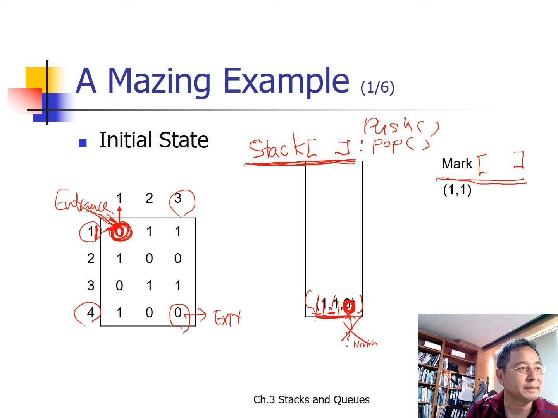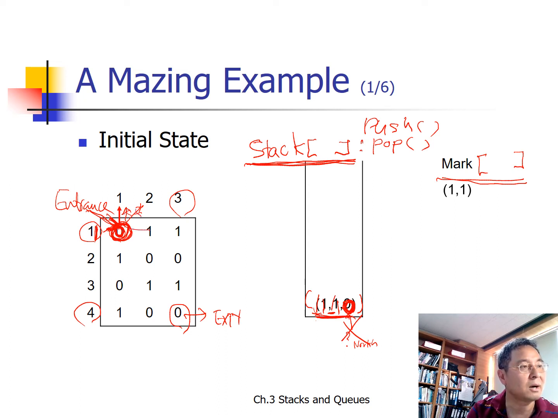If I am in 1, 1 here, now we must find the next positions from north, east. Okay, it is impossible because it is out of bounds, out of boundaries. So we cannot go out.